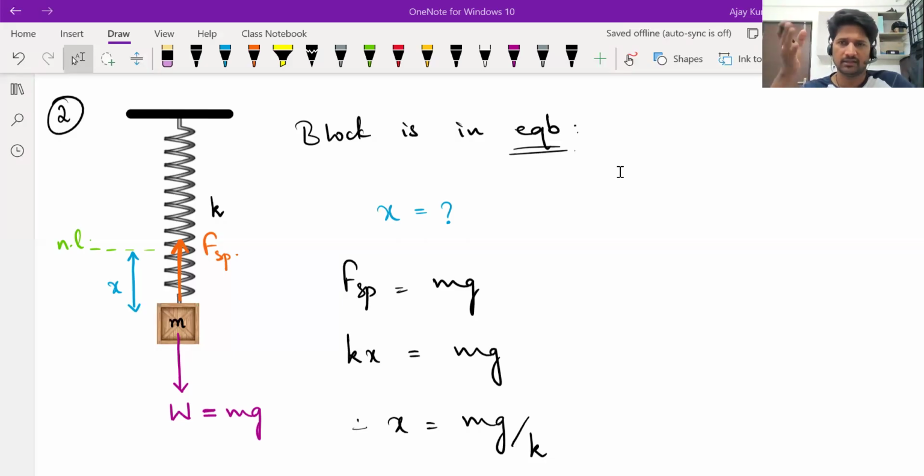But that is not what you are asked here. For the block to be in equilibrium, how much is the elongation of the spring is what you need to find out. That's all. Got it? Yes, sir. Okay. So when the spring is stretched this much, mg by k, the block can be in equilibrium.